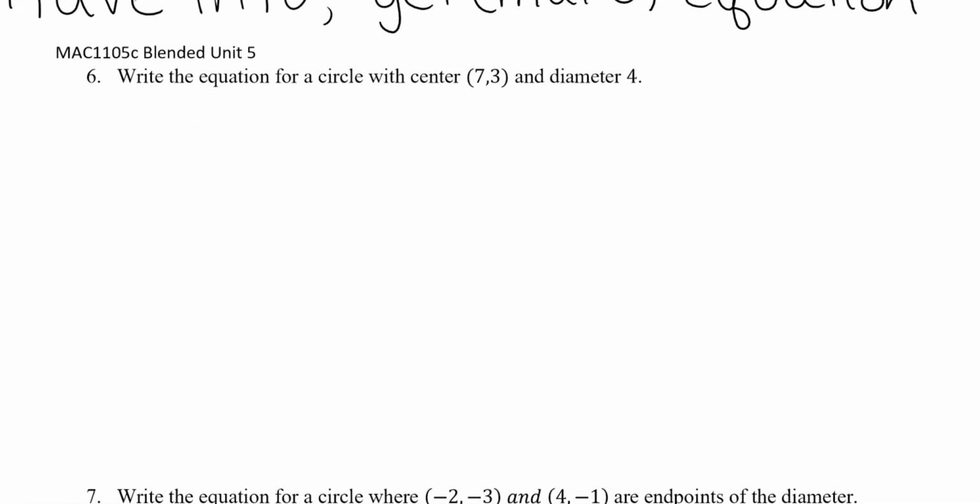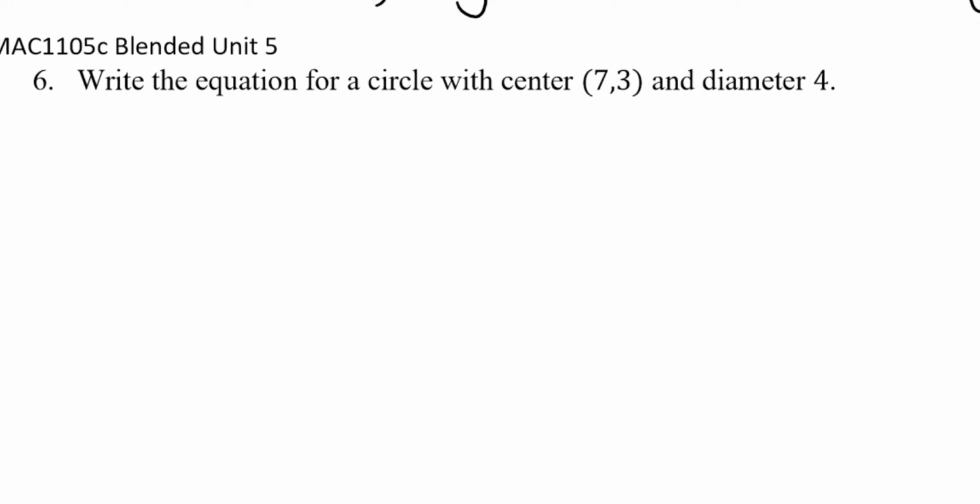So let's start here. We want to write the equation for a circle that has a center of (7, 3) and a diameter of 4. So we know that the equation for a circle is x minus h squared plus y minus k squared equals r squared.